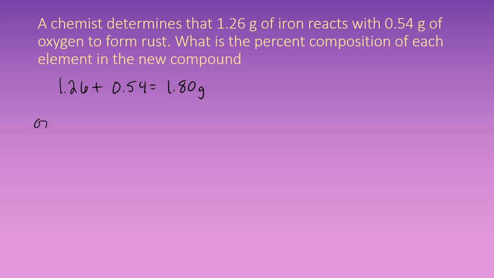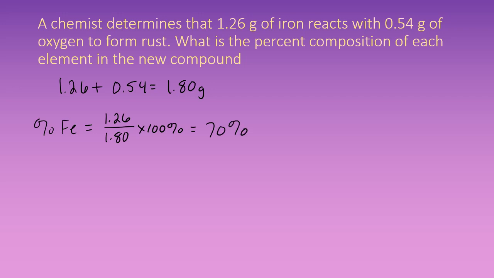And so the percent composition of iron would be 1.26 divided by 1.80 times 100%, giving us a total of 70% iron in our compound.